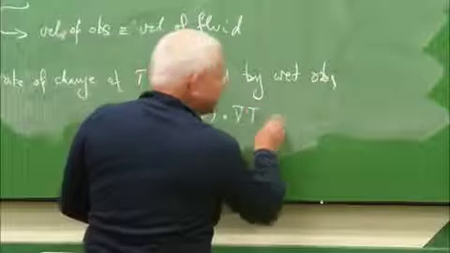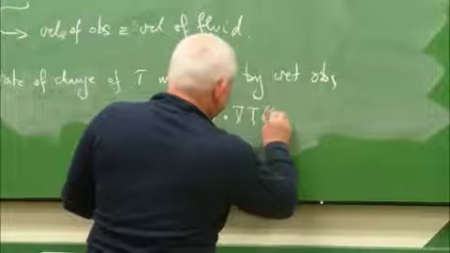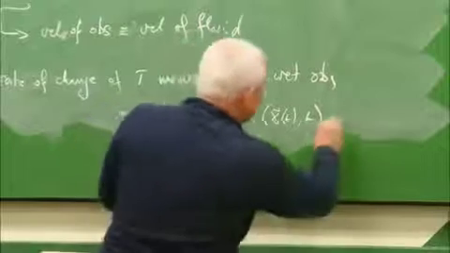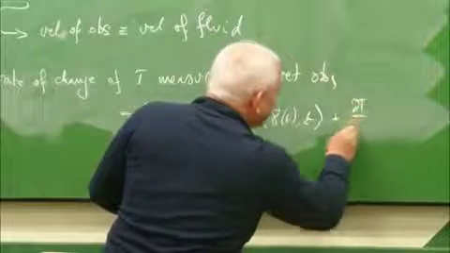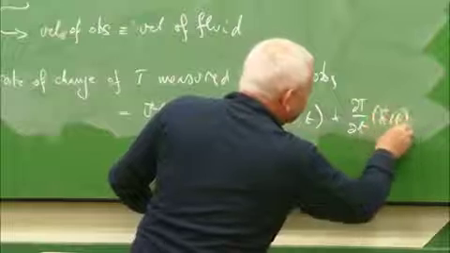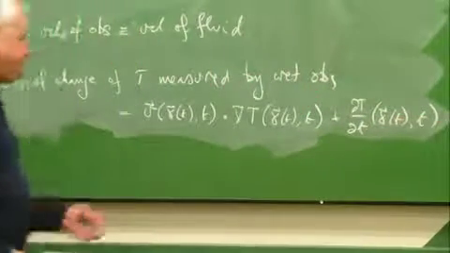And then it is nabla acting on gamma of t, t plus dT by dt, gamma of t and t.